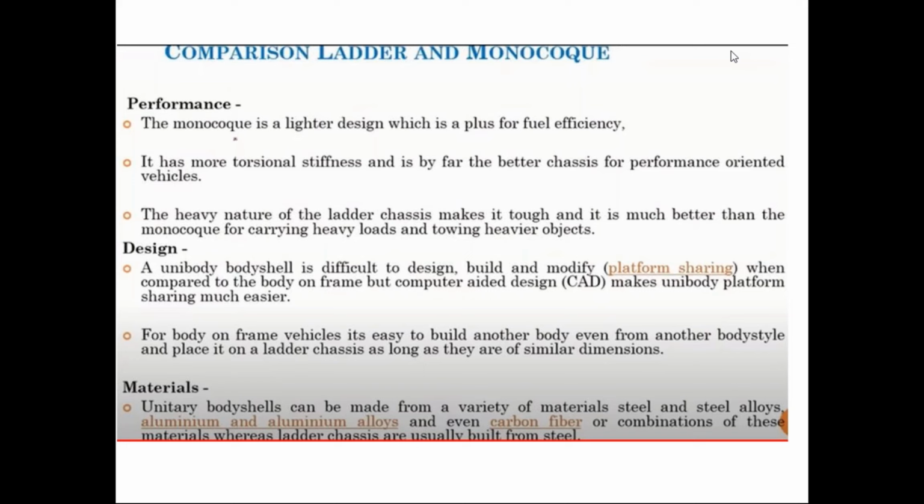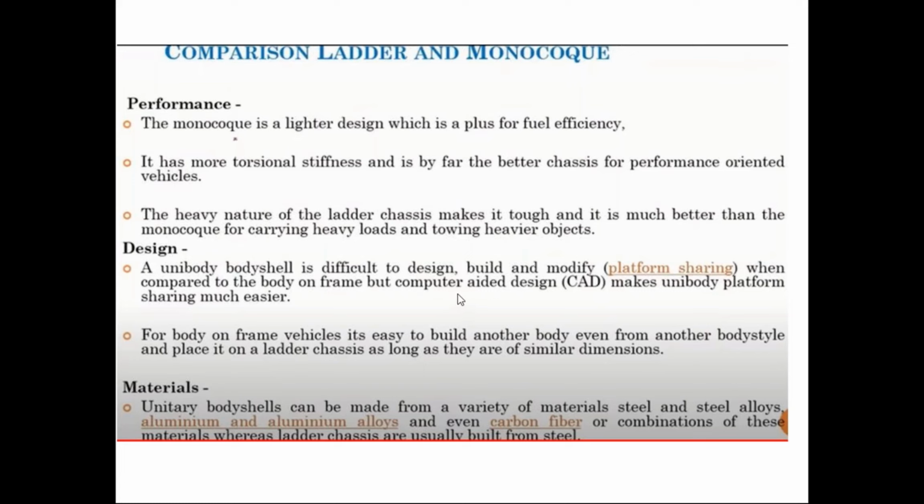So our concentration will start from the basic components, and then we'll go on with important or special purpose components which are to be present in an automobile vehicle. So if you have any doubt, you can ask, or if you have any idea related to what we discussed today, you can just share it in the chat box so I can share it with all others.